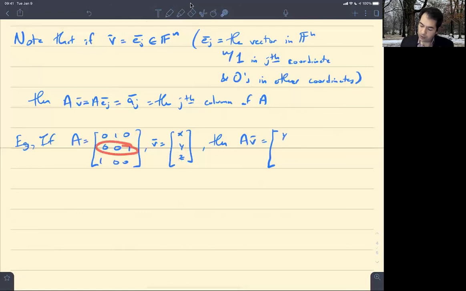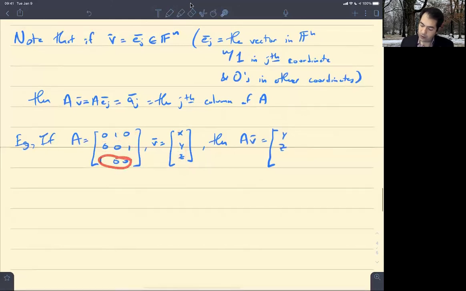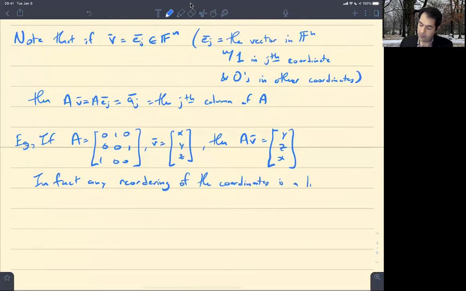If you do this row times this column, you get z. And then if you do this row times this column, you get x. Right? So in this case, multiplying by A, all it does is take whatever vector you had and rearrange the coordinates. So this shows that rearranging coordinates is a linear map, and in fact, any reordering of the coordinates is a linear map.